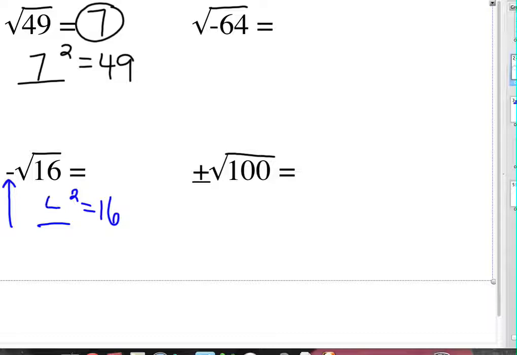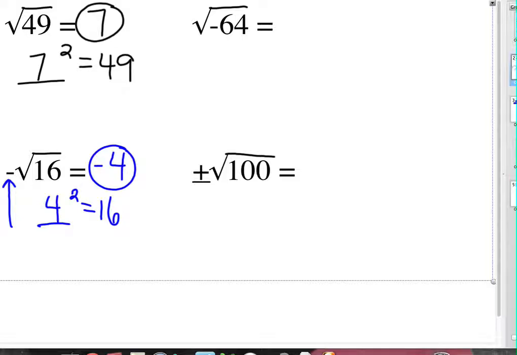Hopefully you thought of the answer, which is 4. But because there's that little negative sign out to the left of the radical symbol, that means you have to put a negative in your answer like so. So the answer here is negative 4. Because it's negative the square root of 16. The square root of 16 is 4, and the negative of that is negative 4.